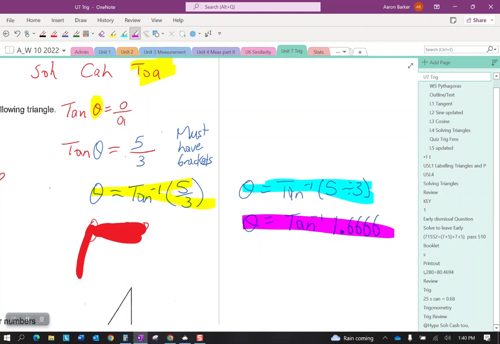Go to your phones, go to calculators, get your answer. What is it? Are you sure? 0.28. So what would you round that to if that was the answer? It's actually 59. Did you read your calculator right?